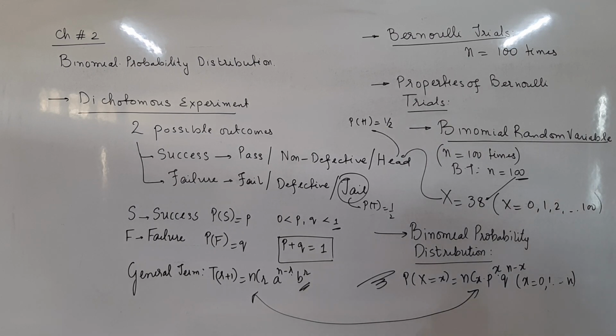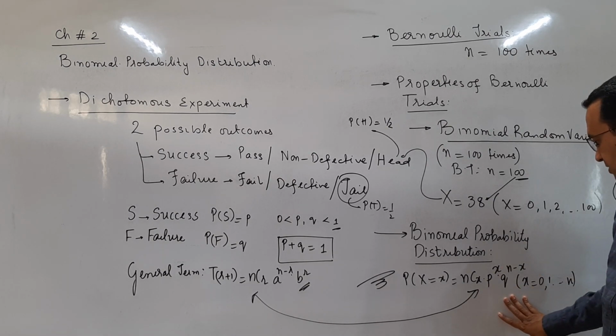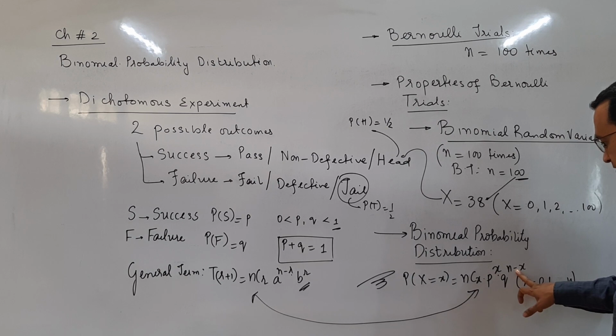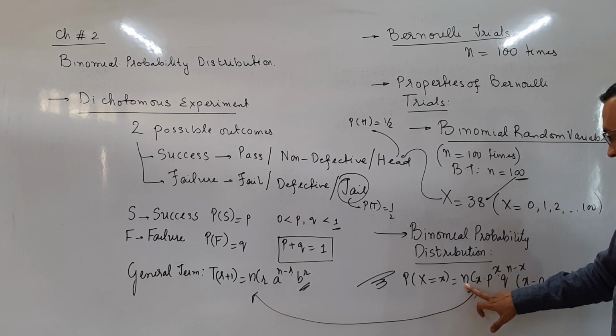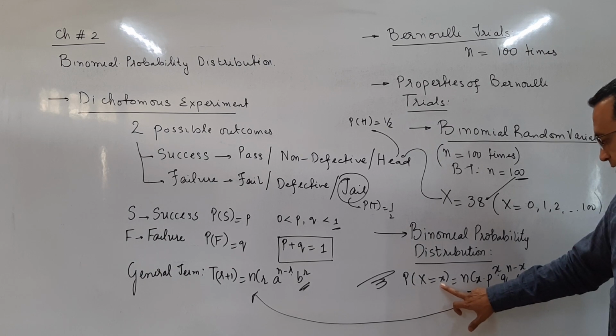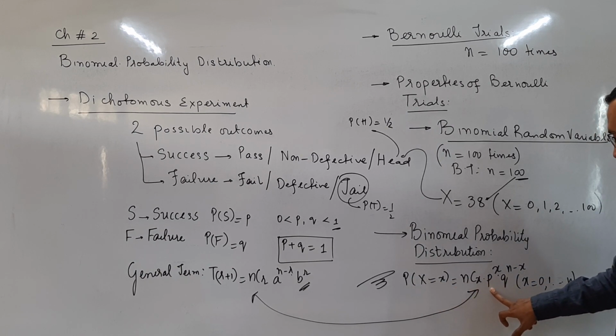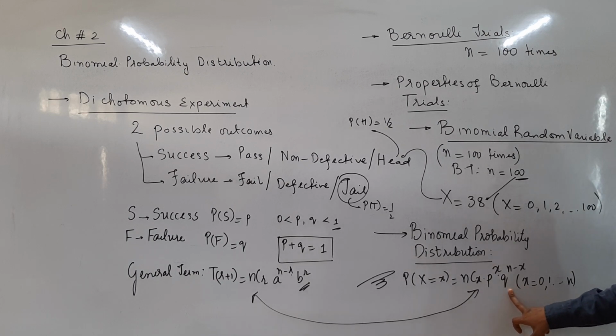The formula is nCx p raised to x q raised to n minus x. n is the number of Bernoulli trials, x is the number of successes in n Bernoulli trials, p is the probability of success, q is the probability of failure, and in nCx, C stands for combination, which all of you know. In this formula, capital X is equal to small x, which denotes the number of successes in n Bernoulli trials.